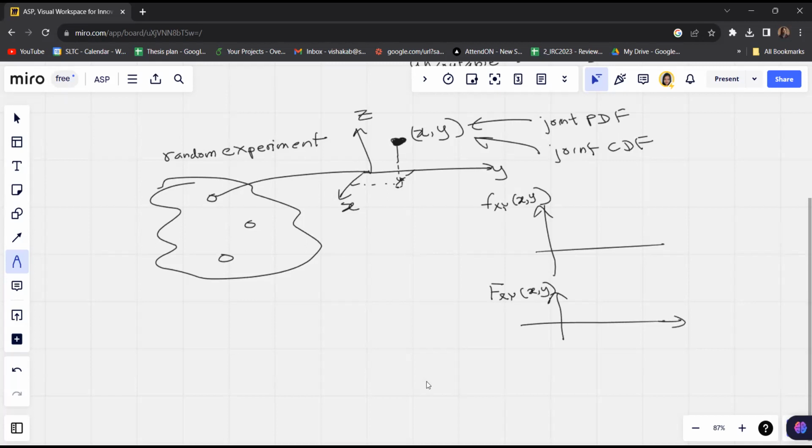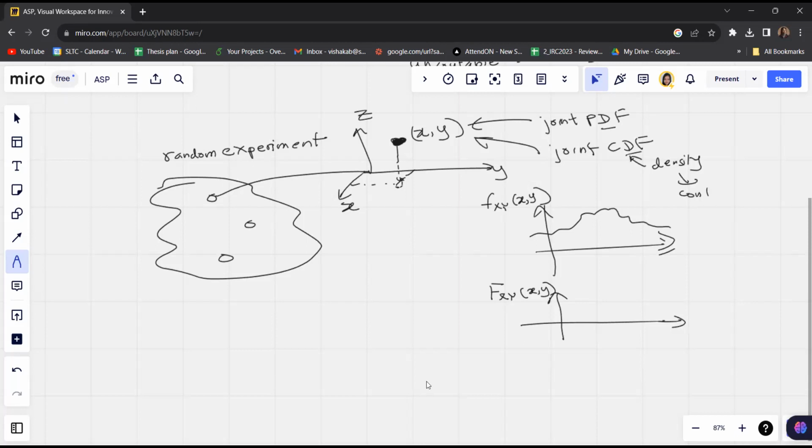So we can plot the specific probability density functions for the multiple random variable case. We can obtain a certain probability density function and we can plot the related cumulative distribution function. So the density functions are defined for continuous random variables, right?